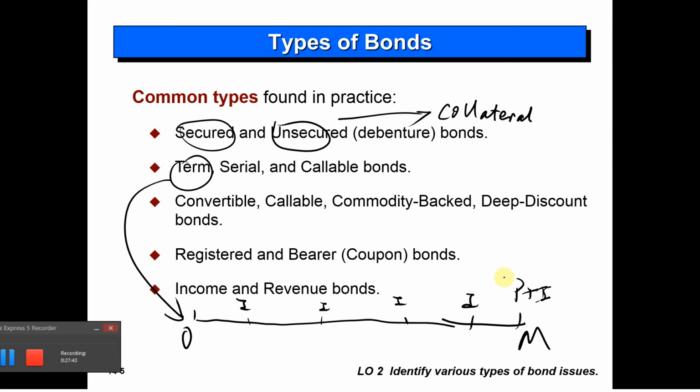This means that the principal is not paid totally at the end. Instead, it is distributed throughout the period. So part of the principal, part of the principal, part of the principal, part of the principal, and part of the principal. Okay, so this is a serial bond.